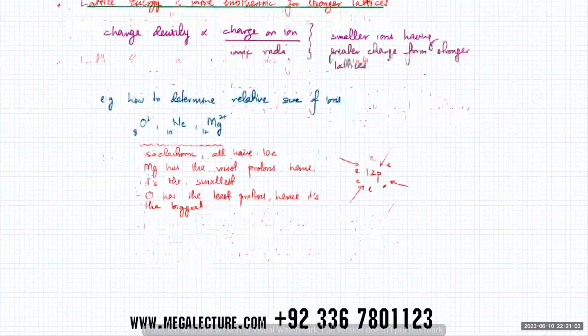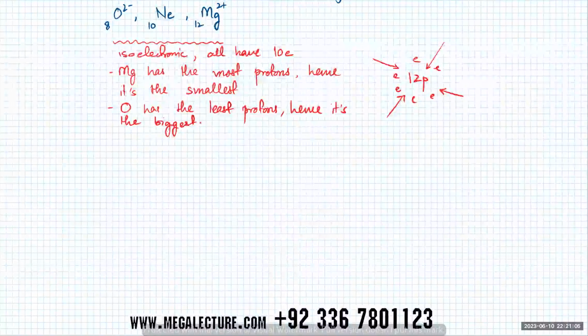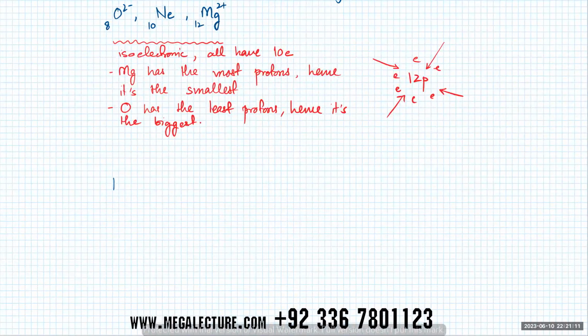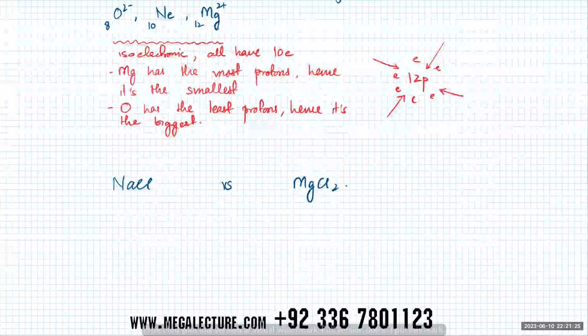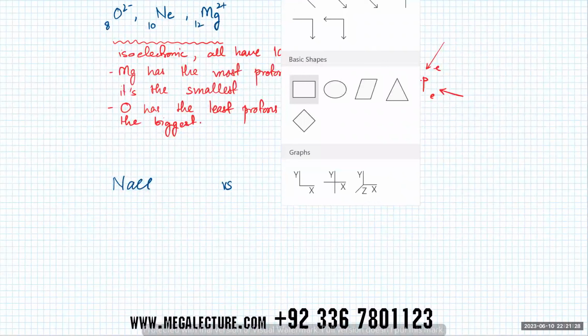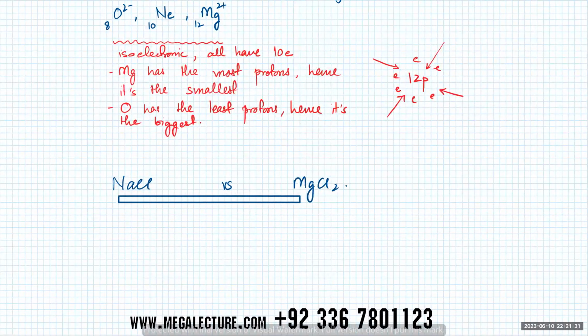So if you're going to compare, tell me who's got the stronger lattice, NaCl versus MgCl2. Is it MgCl2? And why? Because Mg has a higher charge, 2 plus, whereas Na and Cl have 1 plus and 1 minus.